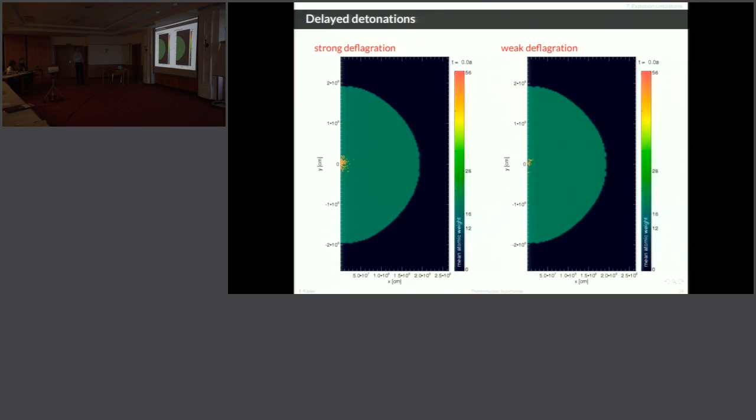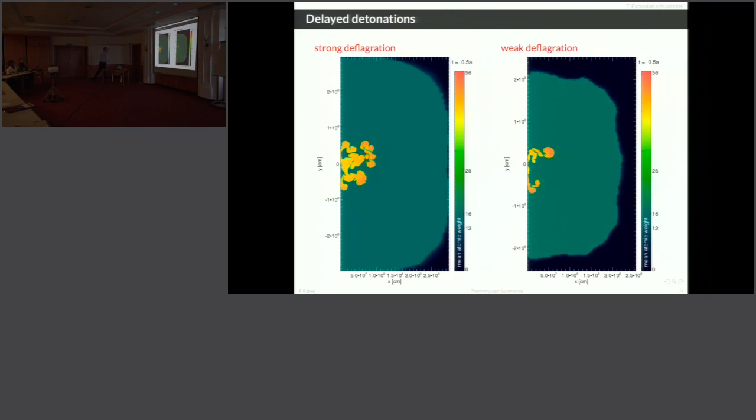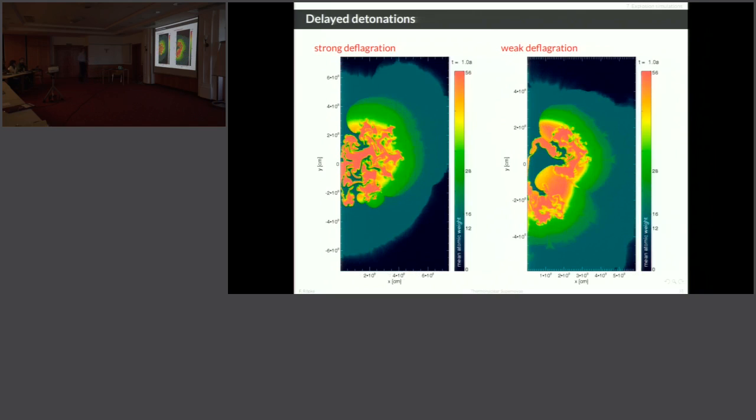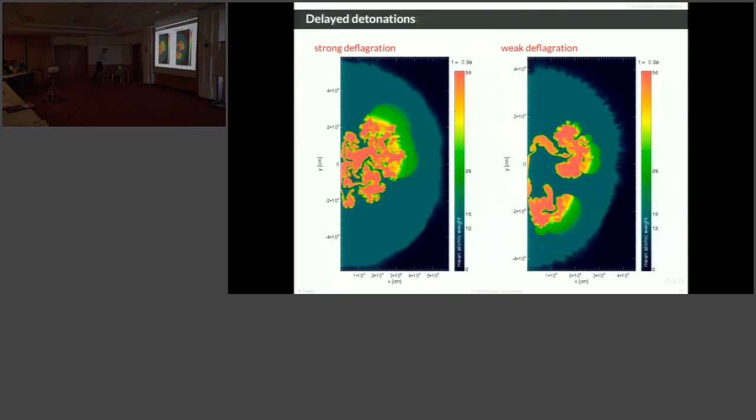Here we have a weak ignition and only few sparks. Here we have a strong ignition and many sparks. So here we have a strong deflagration. Here we have a weak deflagration, as you see here. So now when the detonation triggers, I'll jump forward. When the detonation triggers, so this is this front here, this shows the detonation, we have for the weak deflagration only a very weakly expanded white dwarf.